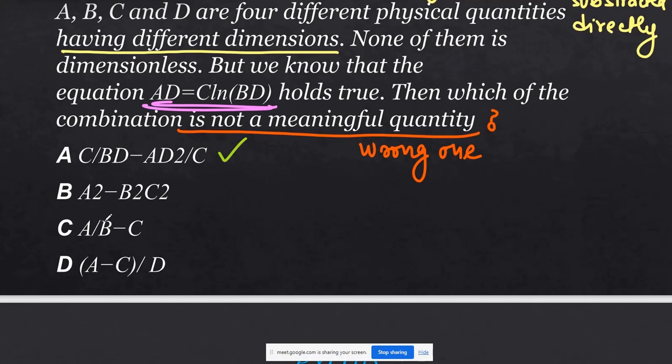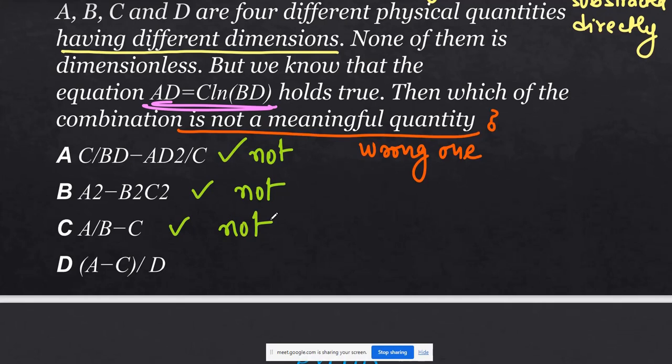A square minus B square into C square may be possible. First you are doing a into a, then b square into c square, and then later you are doing subtraction. So not directly subtracted. Here also not directly subtracted, may be meaningful. See the third one, a by b, first division and then subtraction.